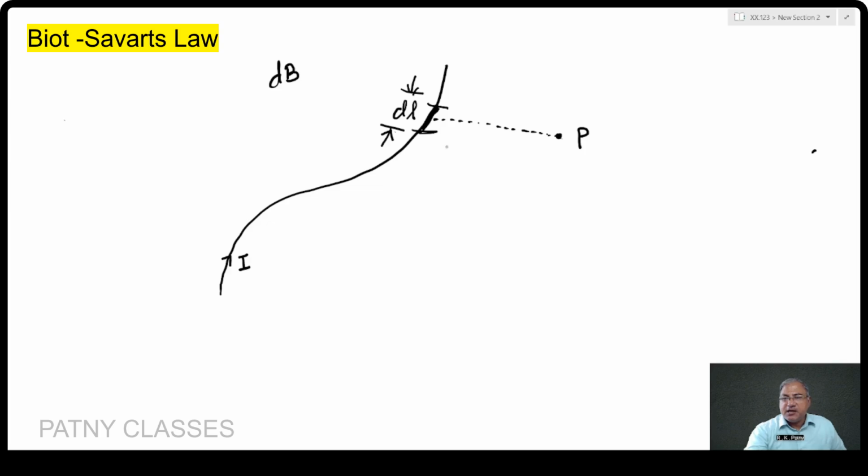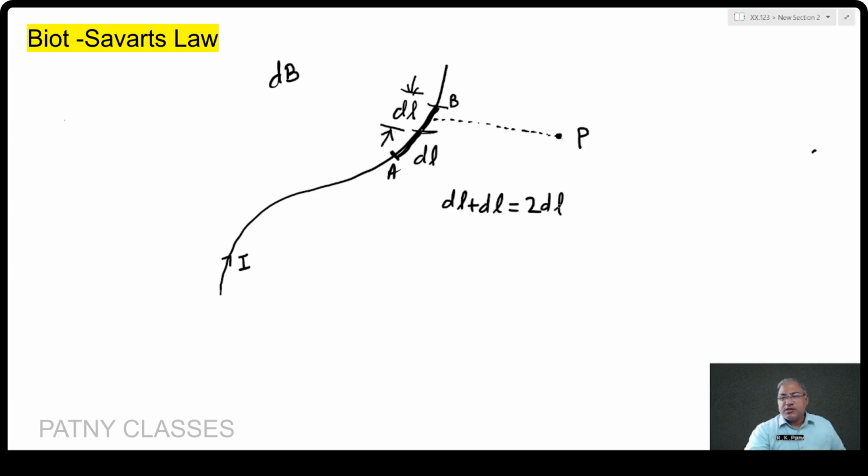Now the magnetic induction depends upon the elemental length dl. Suppose I select dl plus dl, so the length AB equals dl plus dl. The length has become twice.